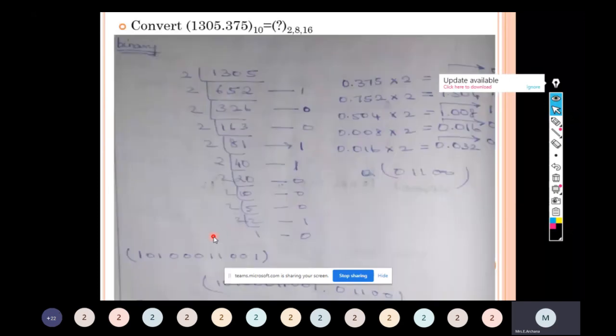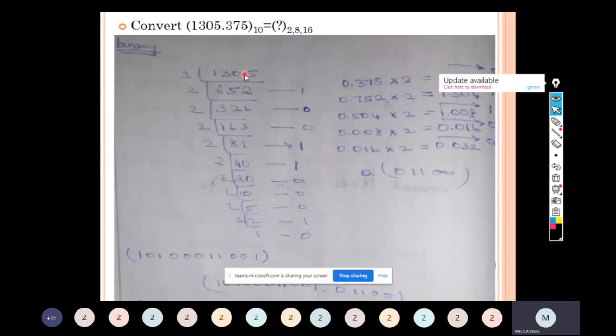Next, we are going to combine all the problems, all the conversions, that is the given decimal to binary, octal, hexadecimal in a single problem. Listen here, convert 1305.375 to the base 2, 8, 16.